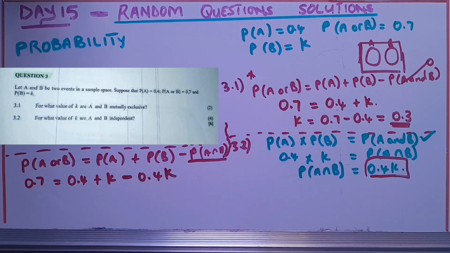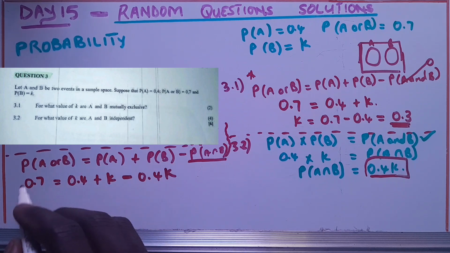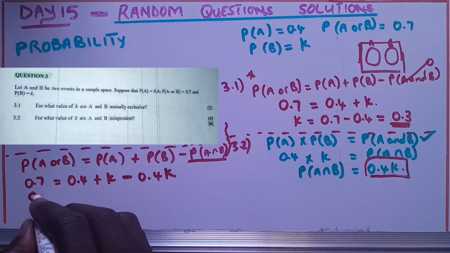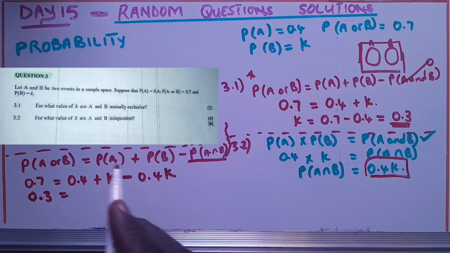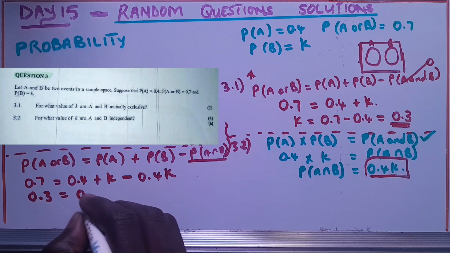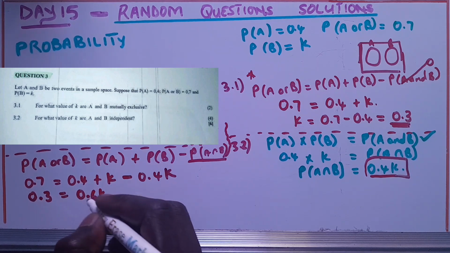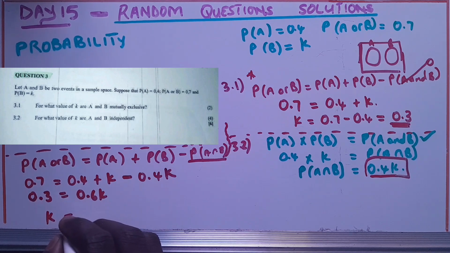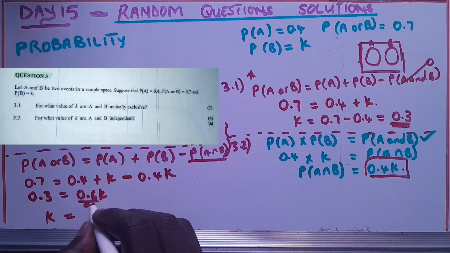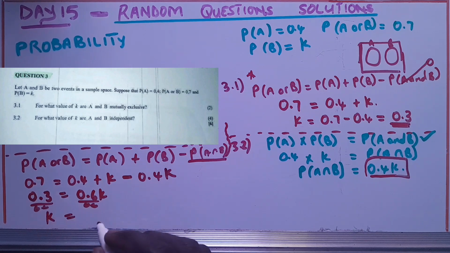Now it means that we can take this side, so 0.7 minus 0.4 is 0.3, because K minus 0.4K is just 0.6K. So now we can divide both sides by 0.6, and our K will be 0.5.